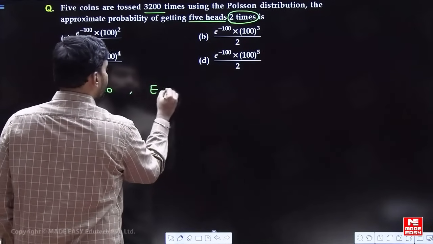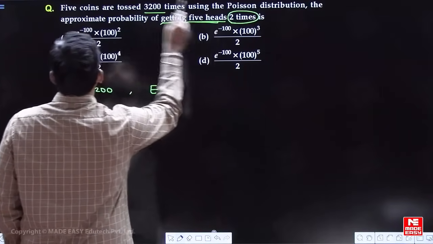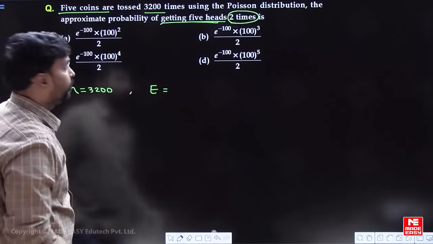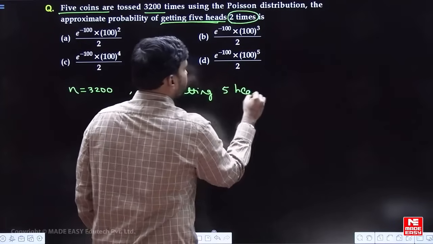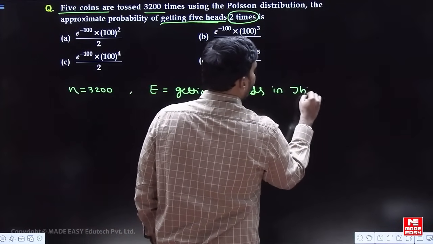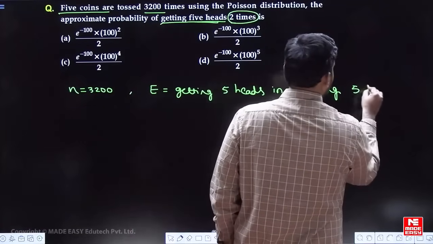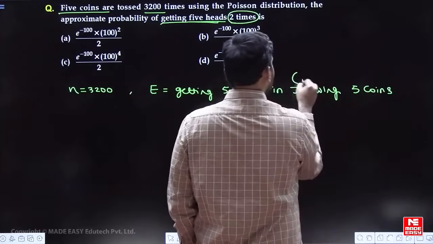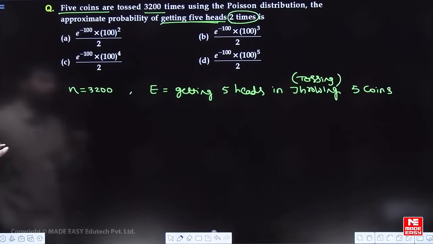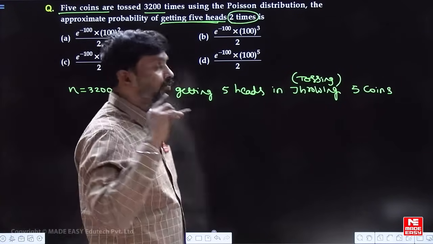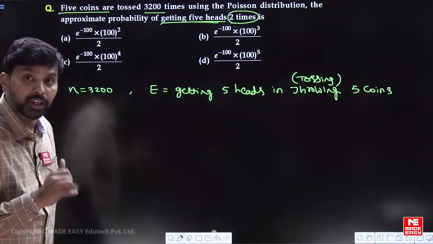The event is getting 5 heads when you throw 5 coins. So here getting 5 heads in tossing 5 coins is the event here, and that should happen how many times here? 2 times.